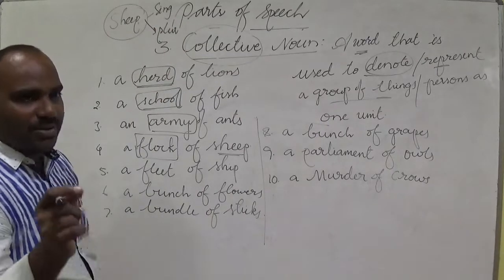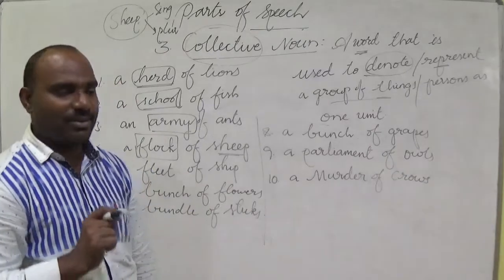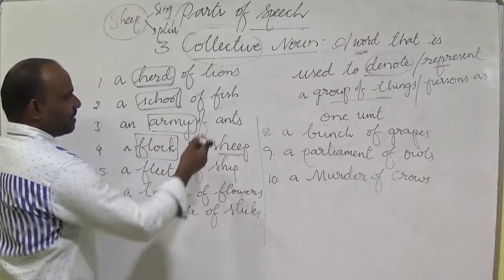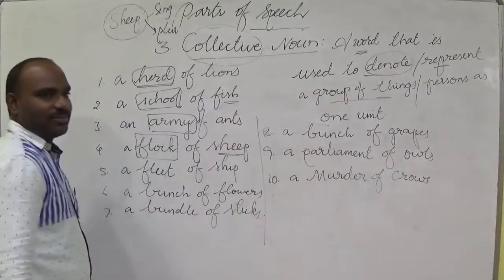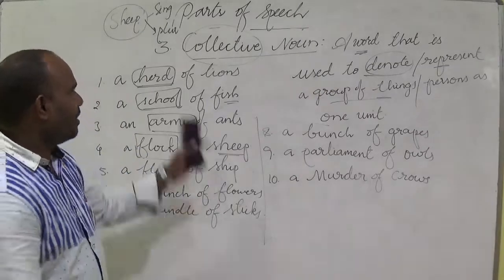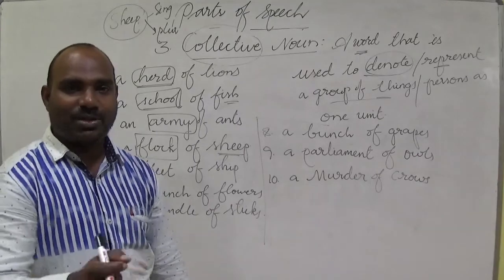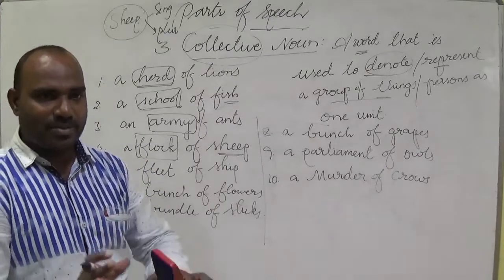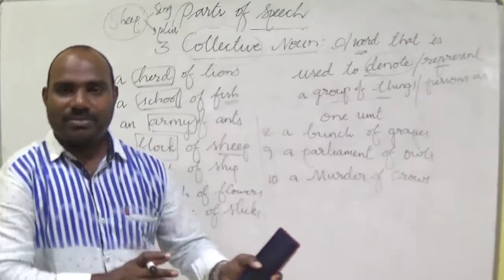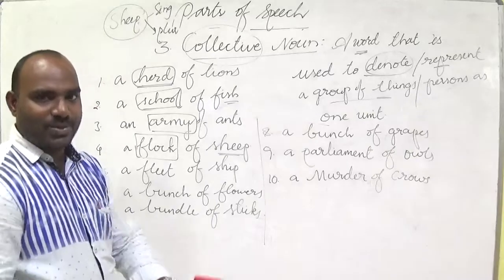We should not say sheeps, or fishes also. Fish can be singular sometimes and plural sometimes. In the same way, sheep can be either singular or plural. We have some rules to form plural nouns from singular nouns. That is another topic, I'll teach you later. These are called fundamentals.